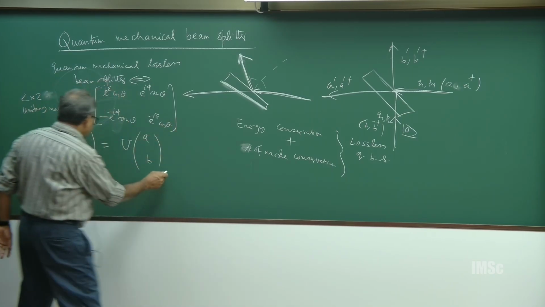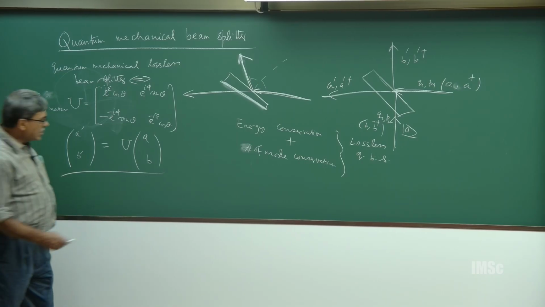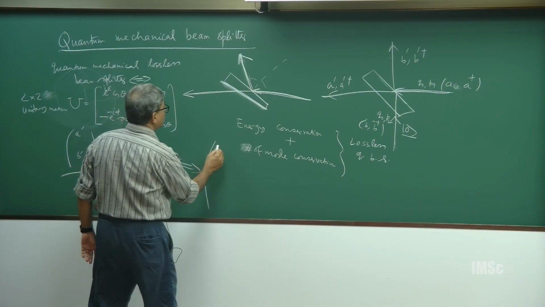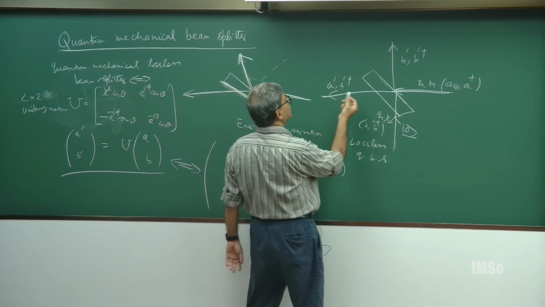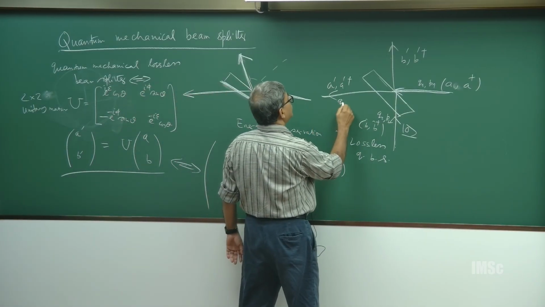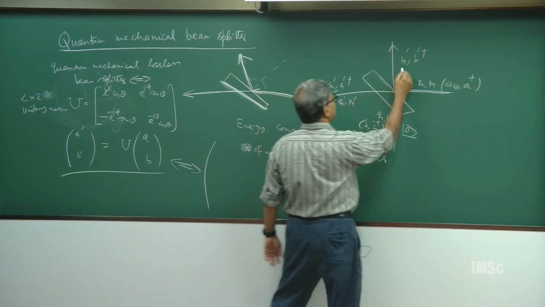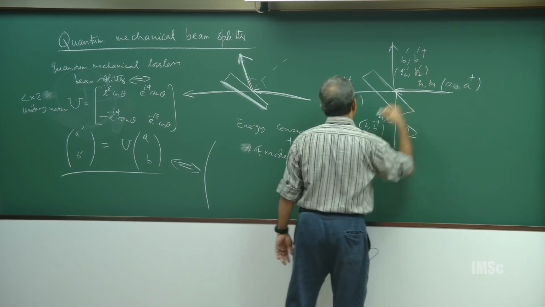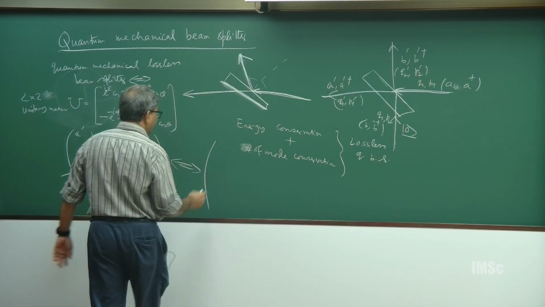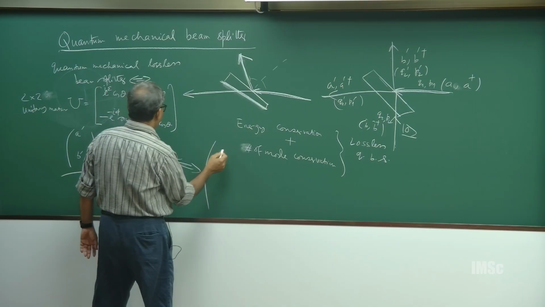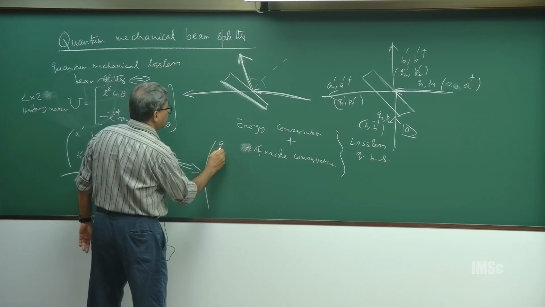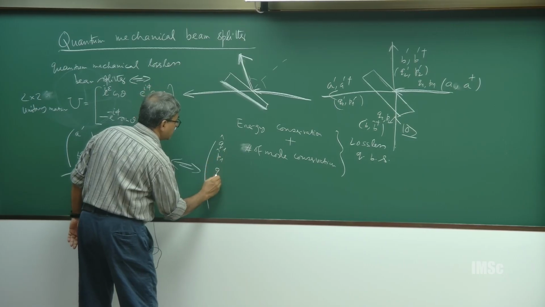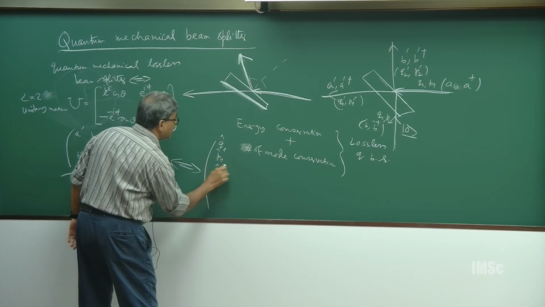Acting like this is equivalent to, if I call it Q1 prime, P1 prime, Q2 prime, P2 prime, then this means that you act on Q1 hat, P1 hat, Q2 hat, P2 hat, and these are all prime.